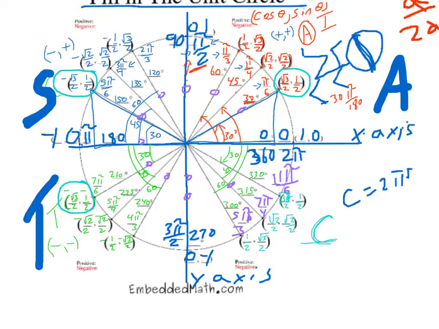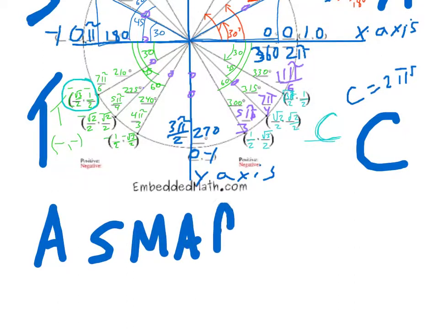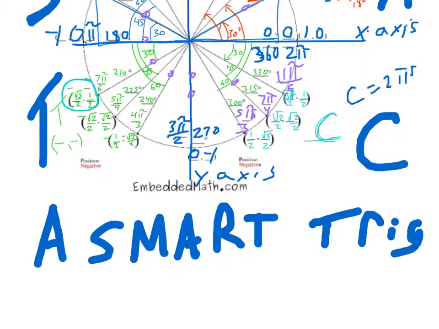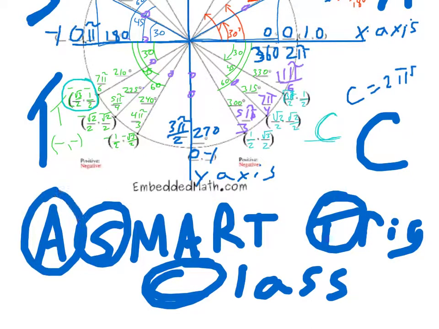Tangents are positive down here, and cosine's positive here. A smart trig class, that's how I remember that. A smart trig class knows. A S T C. That's how I remember which one's positive in which category.